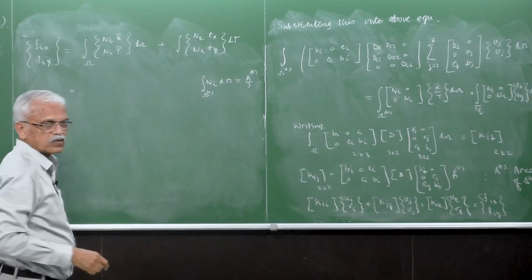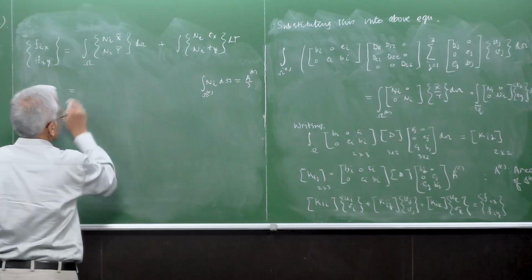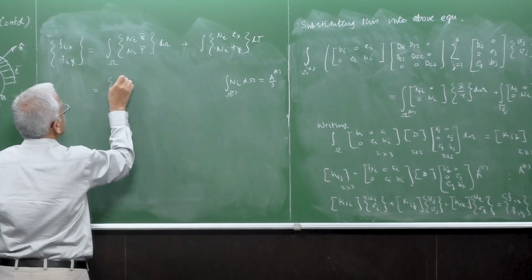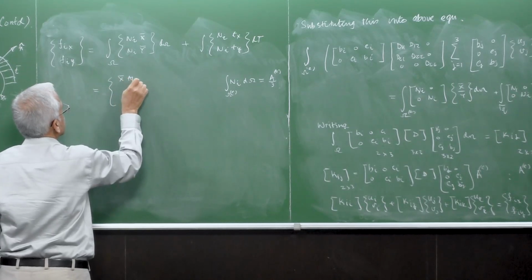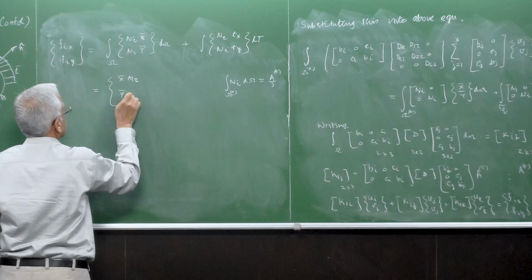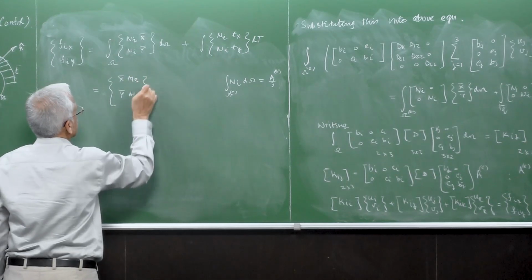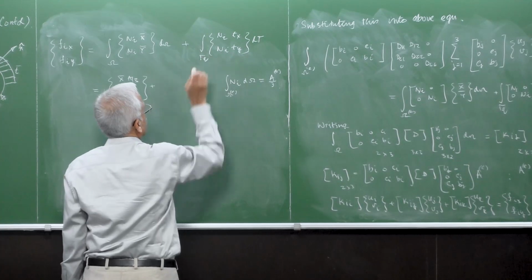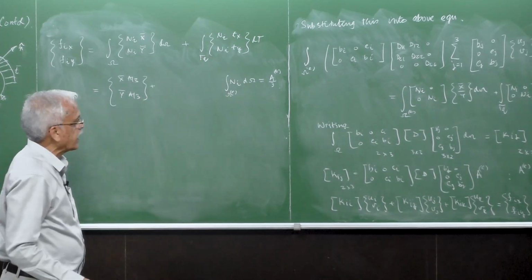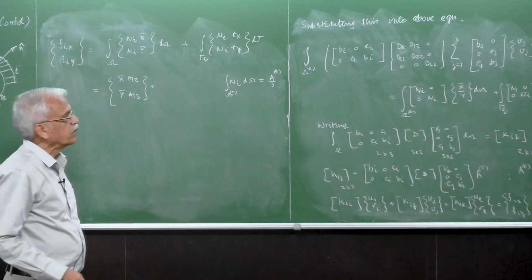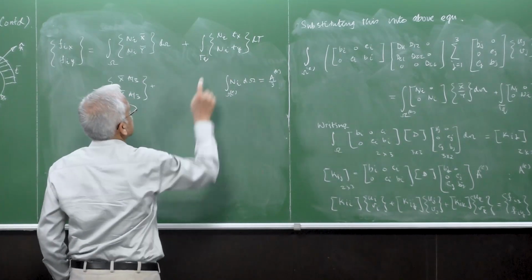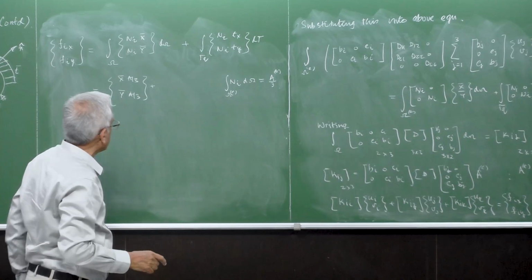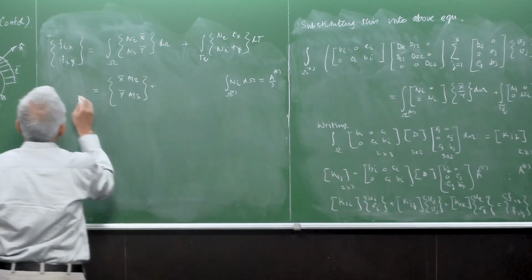So we have seen this in the case of the heat conduction problem. That means here you have x bar A by 3, y bar A by 3, and then comma Q here, which depends upon whether the ith node of the triangle falls on comma Q or not.